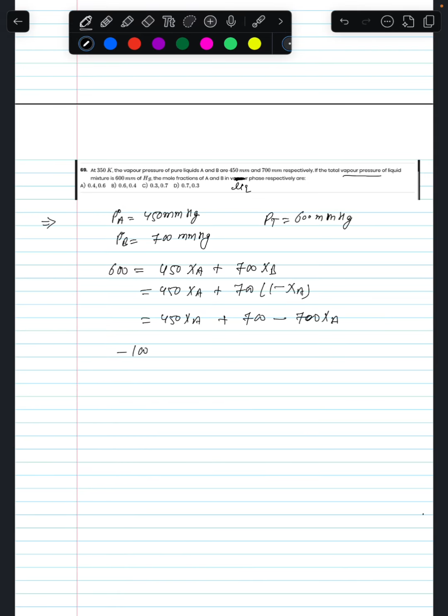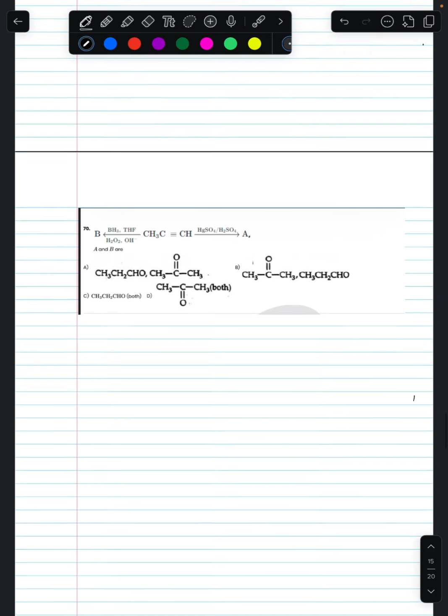So minus 100 is equal to 450 minus 700 XA, that will be minus 250 XA. So XA will be 100 divided by 250, that is 0.4. Therefore XB will be 1 minus 0.4, that is 0.6. So the correct answer is A.